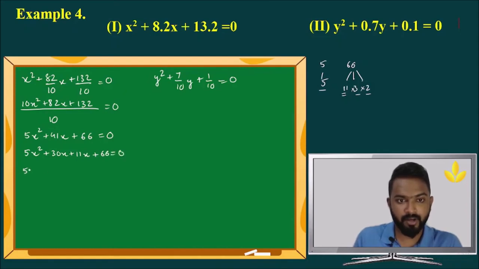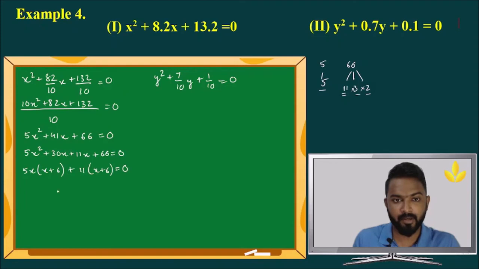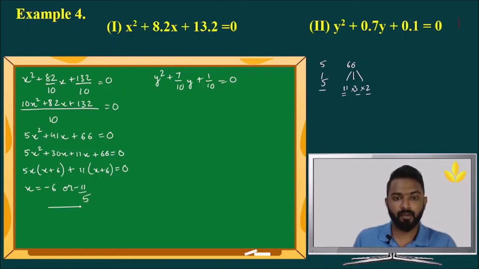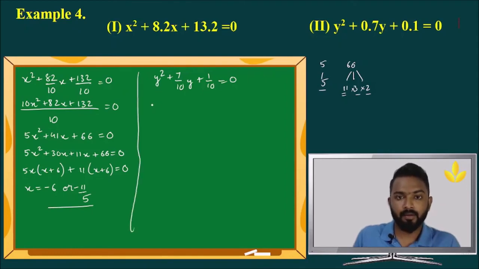So we take 5x common over here, we have x plus 6, plus 11 common over here, we have x plus 6. So x is either minus 6 or minus 11 by 5. Okay, this is for x. Now let's find out y. We have y square plus 7.